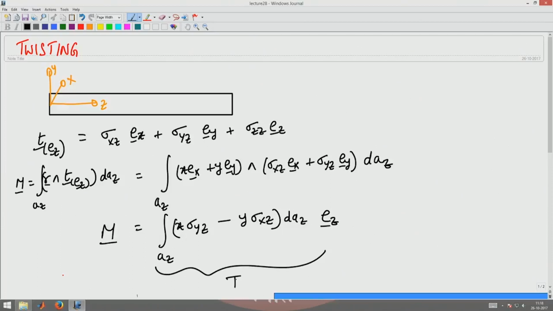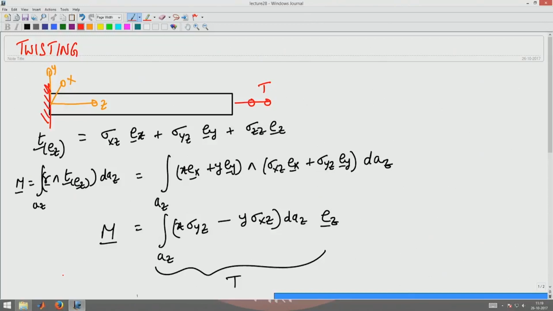Now let's assume that I fix this end for torsion and I am applying a torsional moment T here. The double arrow indicates the torsional moment. I am applying a torsional moment T and I am interested in finding what will be the stress distribution in this structure.